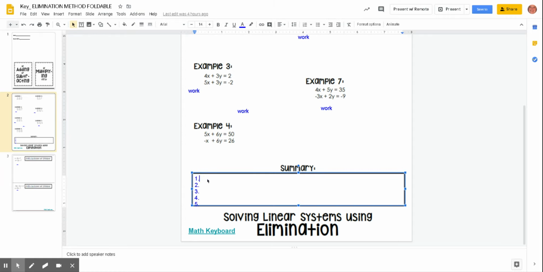So step number 1, we want to write the equations in the same form. So we're going to write both equations in standard form.